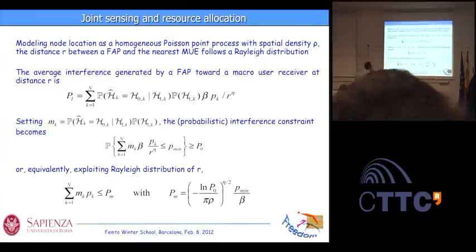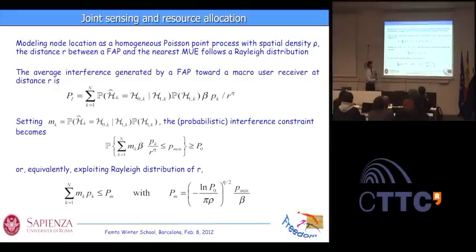If we know this density, we may say that the average interference generated by a femto access point towards macro users can be expressed in this way. We just insert the formula for the expected channel transfer function conditioned on R, and then we express the constraint in probabilistic terms.